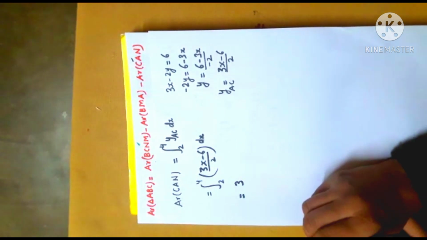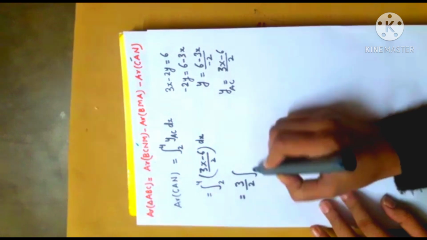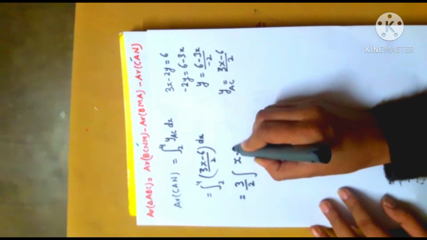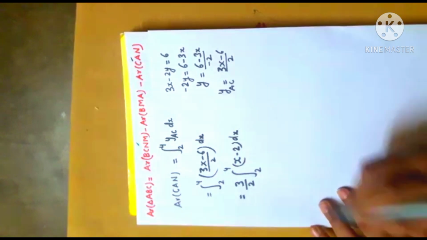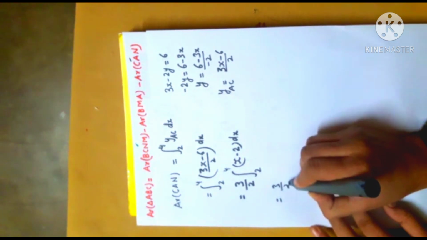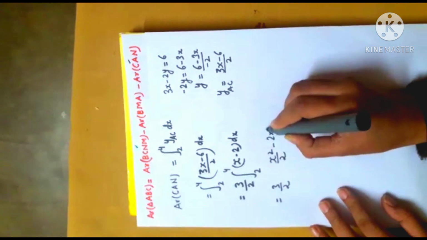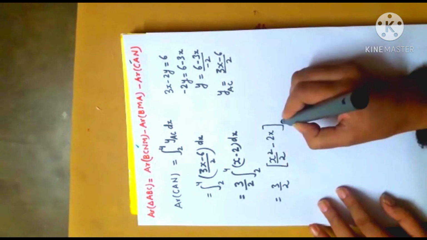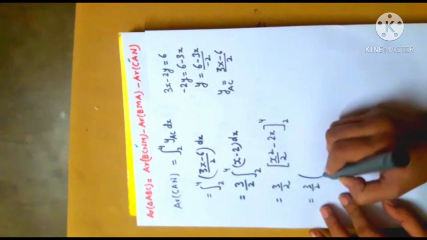From the numerator, I take the common factor 3 outside. So I'll get 3 by 2 times the integral of (x minus 2) dx from 2 to 4. Integration is x square over 2 minus 2x from 2 to 4. Now I evaluate this.